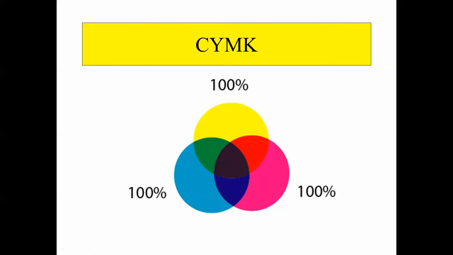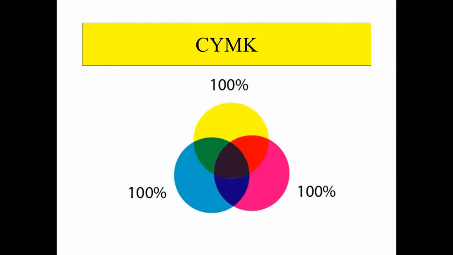Now, CMYK color, that would be cyan, magenta, yellow, and black. When you get 100% of each of these colors, yellow, magenta, and cyan, you get sort of a black. But it's a muddy black because it's not pure, because it's picking up the color from the substrate and also it's reflective, so it's not pure light.